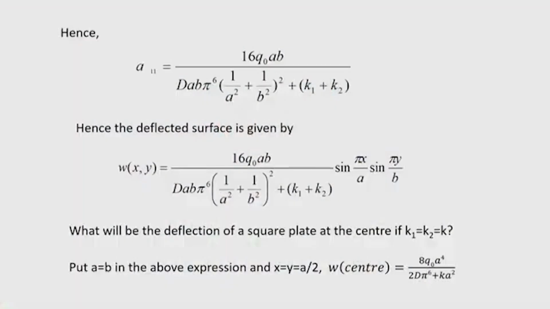The expression coincides with the expression that we obtained for a rectangular plate subjected to a uniformly distributed load and having simply supported edges. Okay. So, the deflected surface of the plate can now be written in this form with the variable sin pi x by a into sin pi y by b.